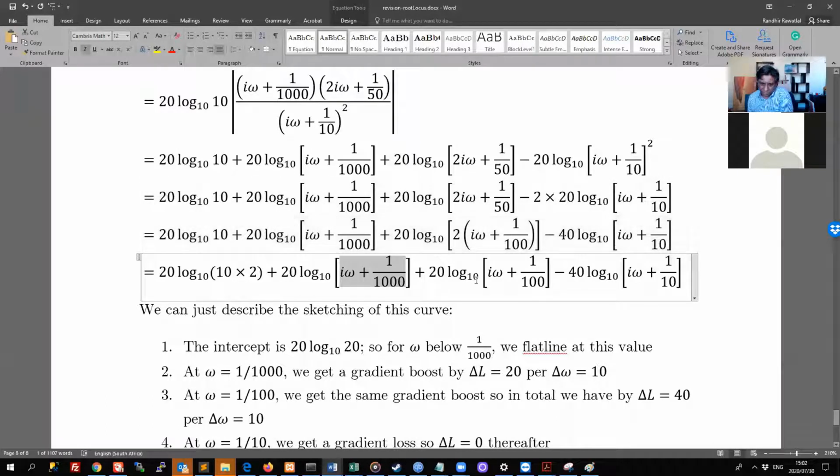For this part, yeah, we've grouped out this term, so we got an I omega. So the fact that this was actually a 2 in here, we managed to get rid of that 2, and what that 2 will do is shift the original intercept. Right, so when you see factors with the omega, you want to move that away from your function.